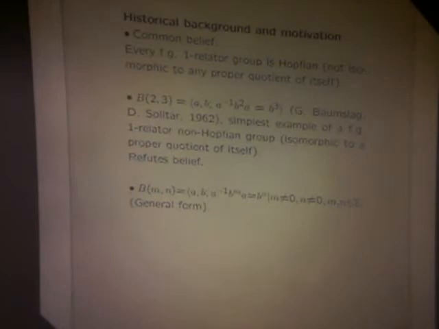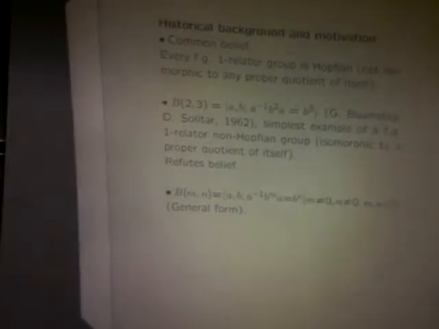Later on, I'll be able to throw away the absolute value according to what I want to do. And it's Hopfian if and only if it's residually finite, or m and n have the same prime divisors. So from those two definitions, we see that B(2,3) is non-Hopfian, because 2 and 3 do not have the same prime divisors, neither is 1, and they are not equal to each other. So just from what I said, it's non-Hopfian.